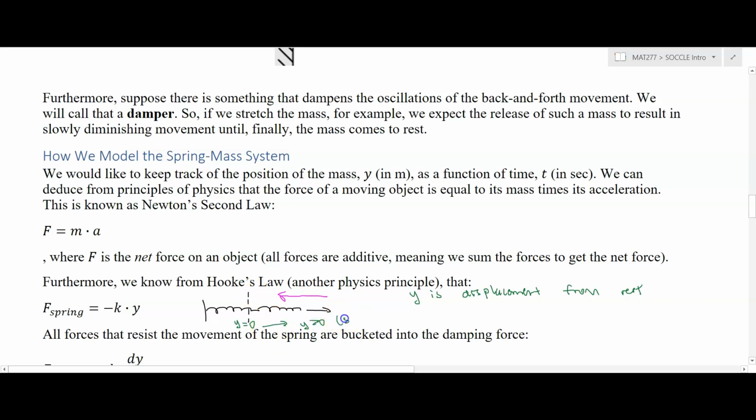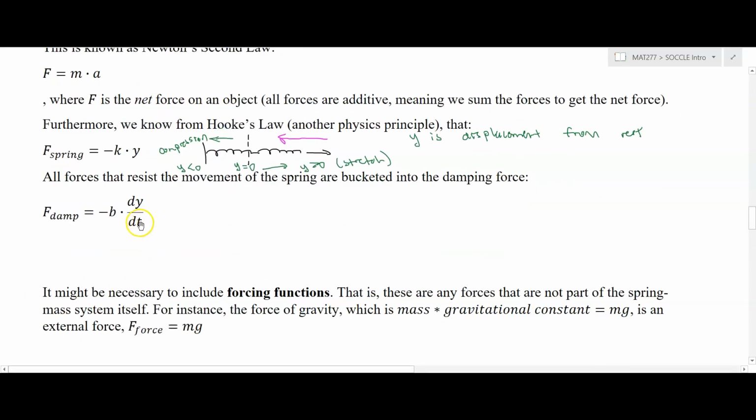That's going to be a stretch. And we're going to define y less than 0, so if you go this way, to be a compression. Now, if you compress the spring, it wants to go the opposite direction. And the more you compress it, the stronger that force is in the opposite direction, which is really all Hooke's law is saying.